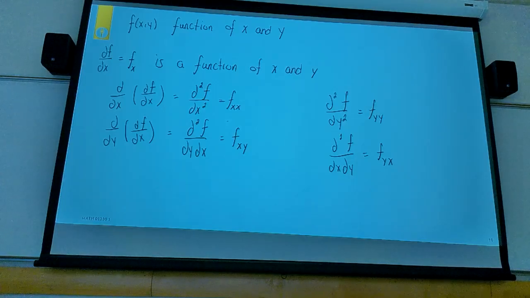Actually, that's a good question. How many third order partials are there for three variables? 16. More. There's 27 of them. 3 cubed. How many are distinct?